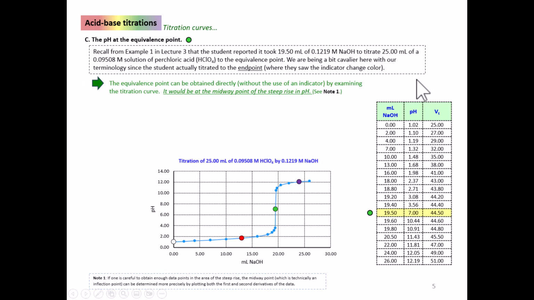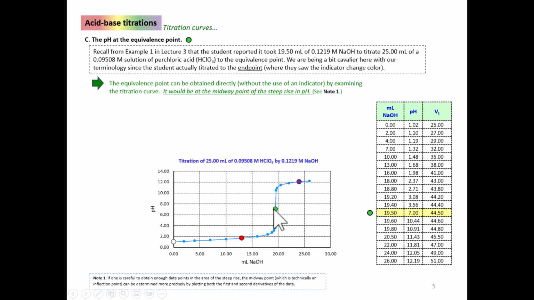In any event, we could find the equivalence point by not even using an indicator, by just looking at the titration curve. What we would want to do is estimate the midway point of this steep rise in the pH. Now, technically speaking, how you would find that midpoint, which is actually mathematically an inflection point, would be by plotting the first and second derivatives of the data. We're not going to do that.